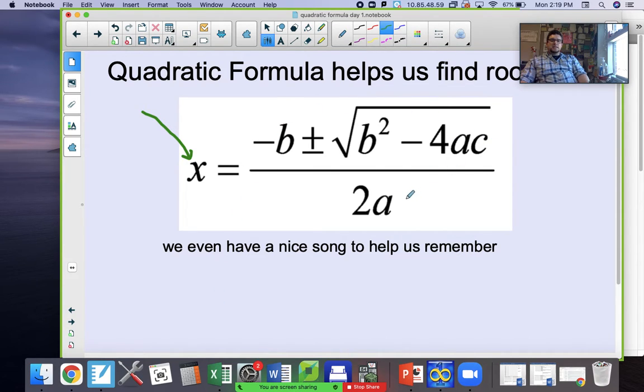B, A, and C are all the numbers that we get from our standard form quadratic. The song goes x is equal to negative b plus or minus the square root of b squared minus 4ac all over 2a. And using this will help us find the roots to any standard form quadratic.